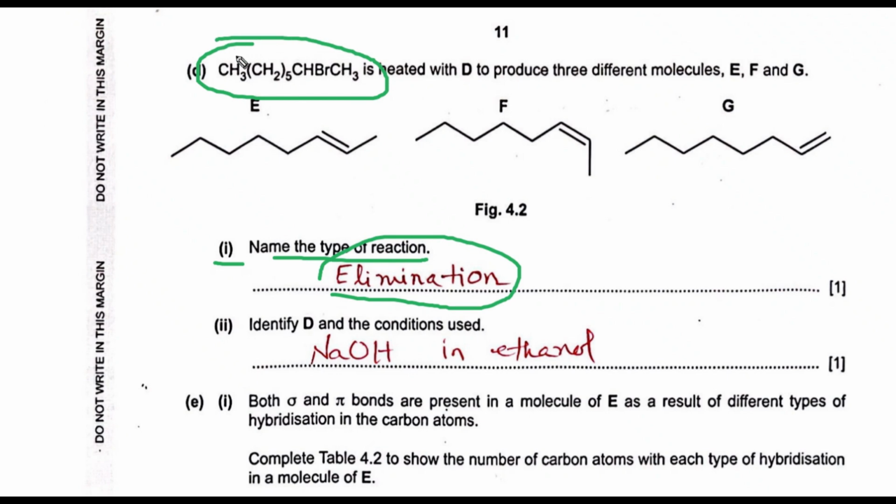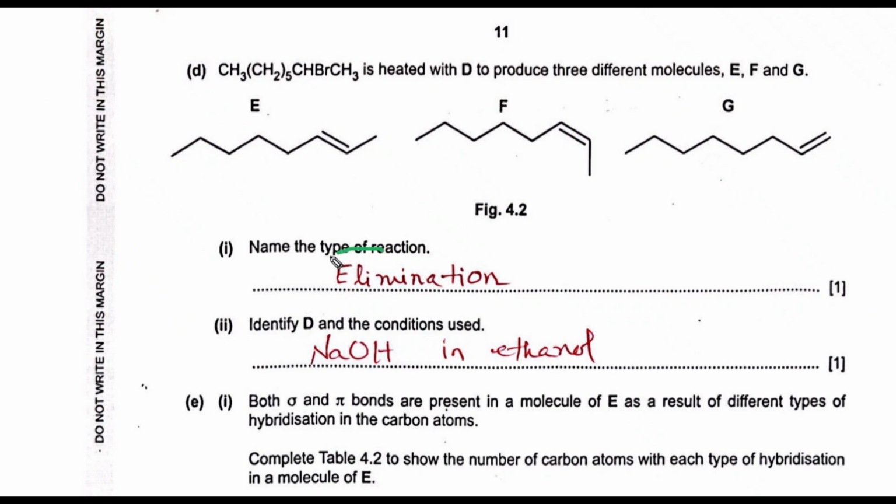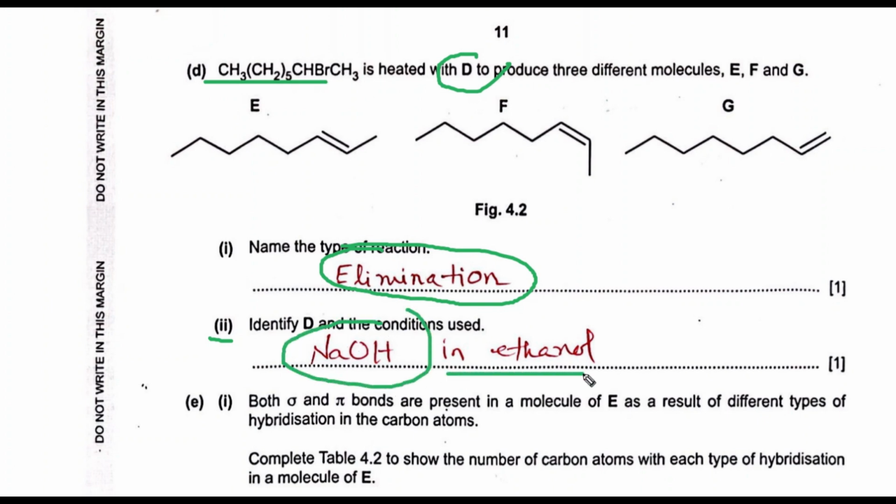Haloalkane reacts with ethanolic sodium hydroxide, or sodium hydroxide dissolved in ethanol, to form alkene. This reaction type is elimination reaction. Number two, identify D. D means sodium hydroxide in ethanol, which reacts with haloalkane to produce alkene.